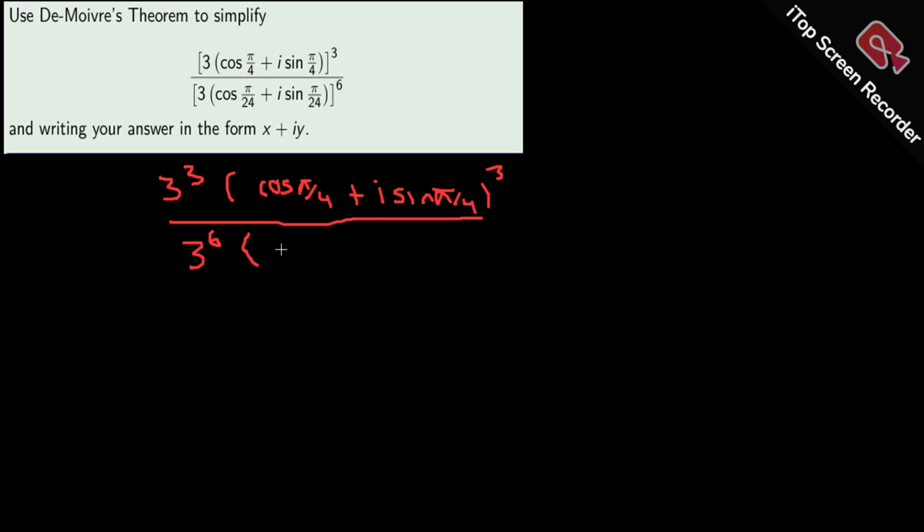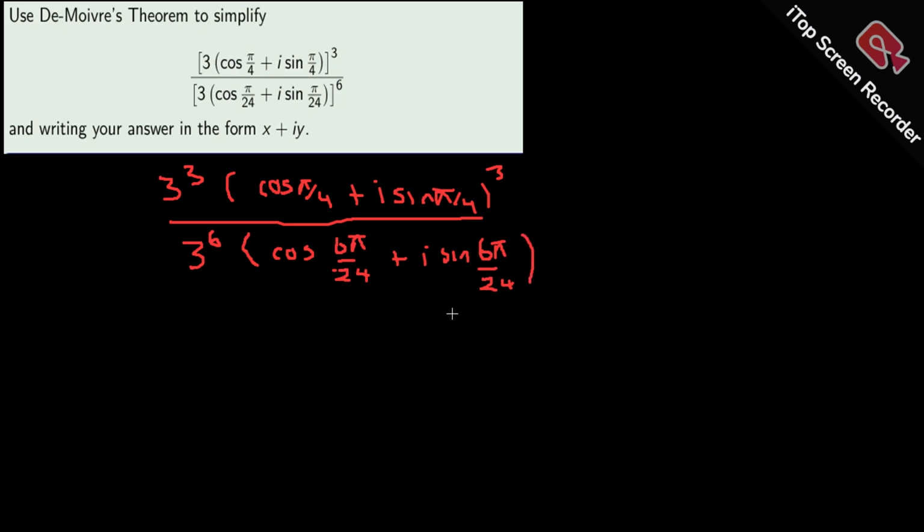And what's next? I'm going to say this angle that I have here, we multiply by 6 because it's the power that we have, so it will be 6 pi over 24 plus sine 6 pi over 24.